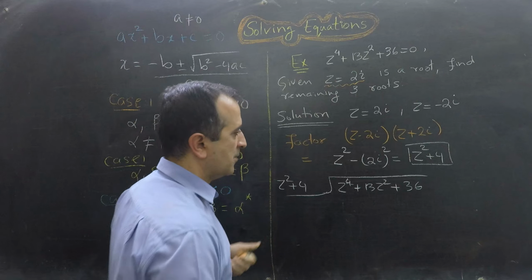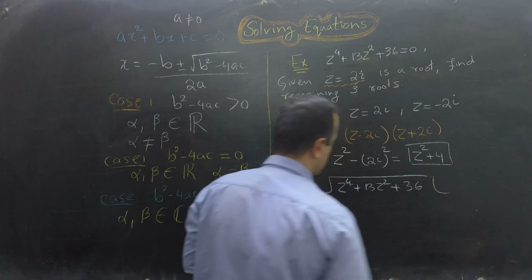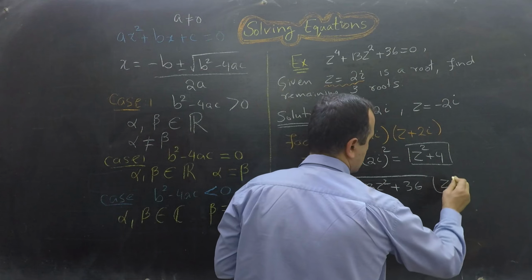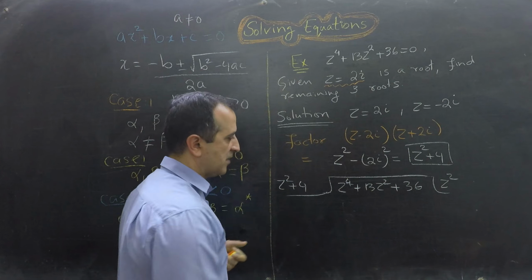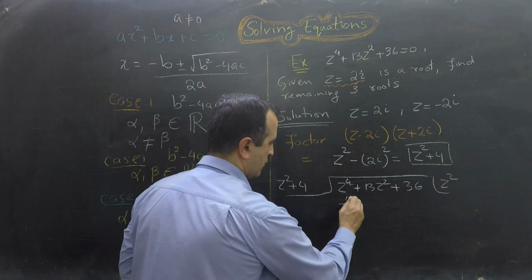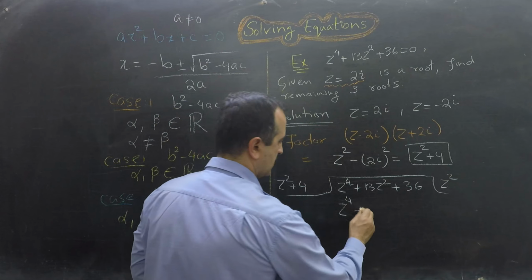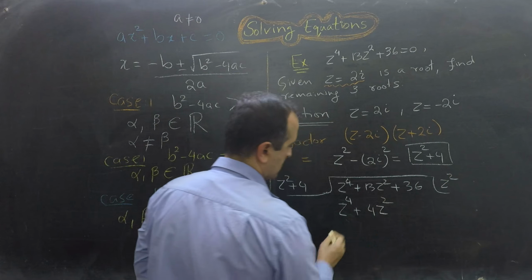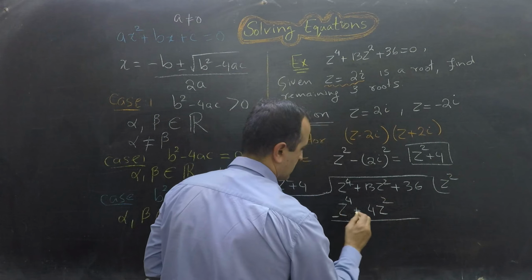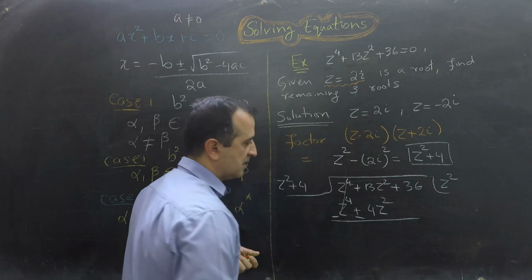So my first quotient could be z square. When I multiply z square with z square plus 4, I will get z raised to power 4 plus 4 z raised to power 2, and then I subtract. So these will cancel with each other.